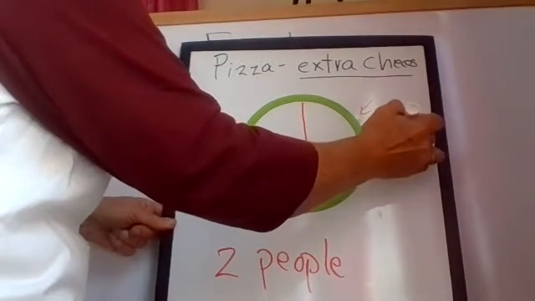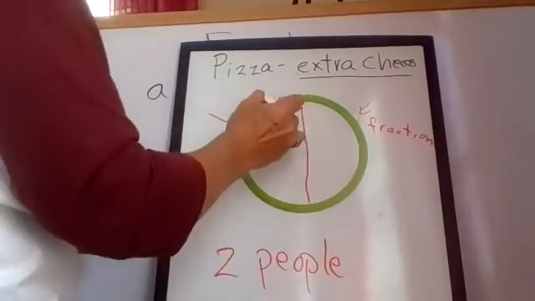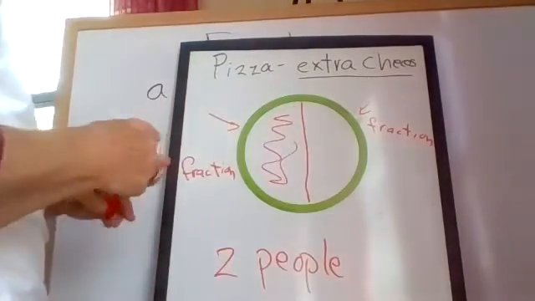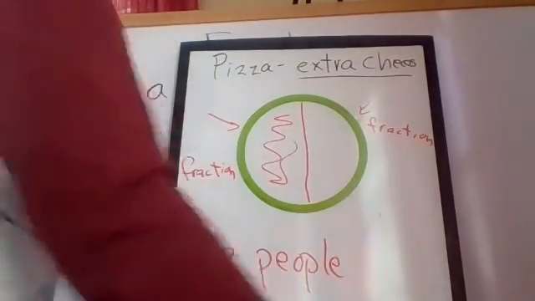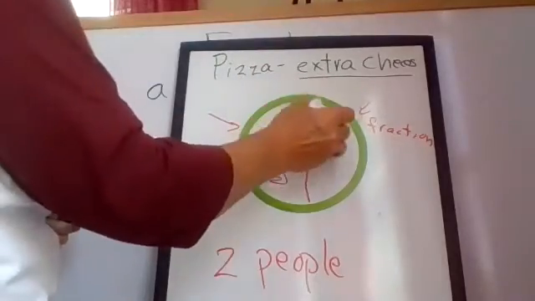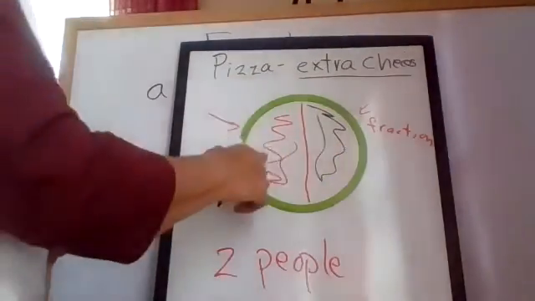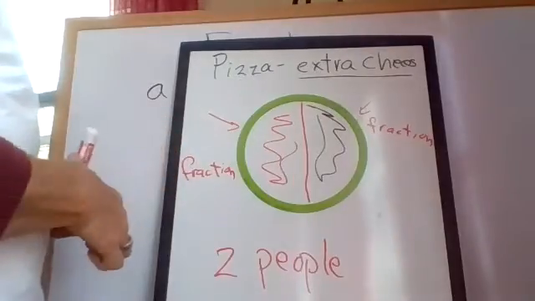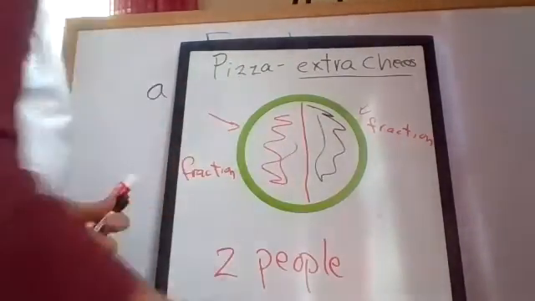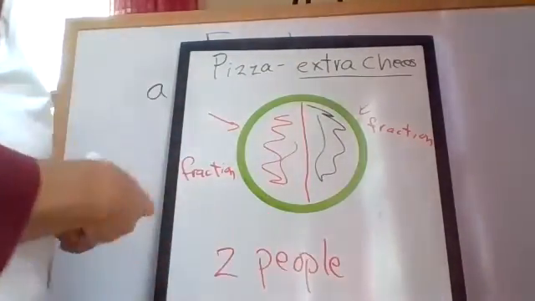Right now, I have two fractions, two pieces: 1 and 2. I have two parts to my pizza, 1, 2. How many pizzas do I have altogether? I'm sure you know.